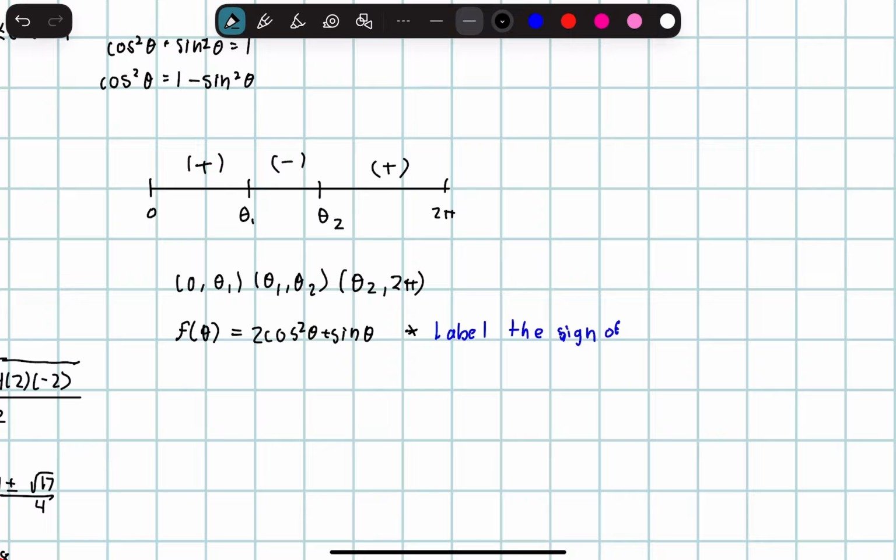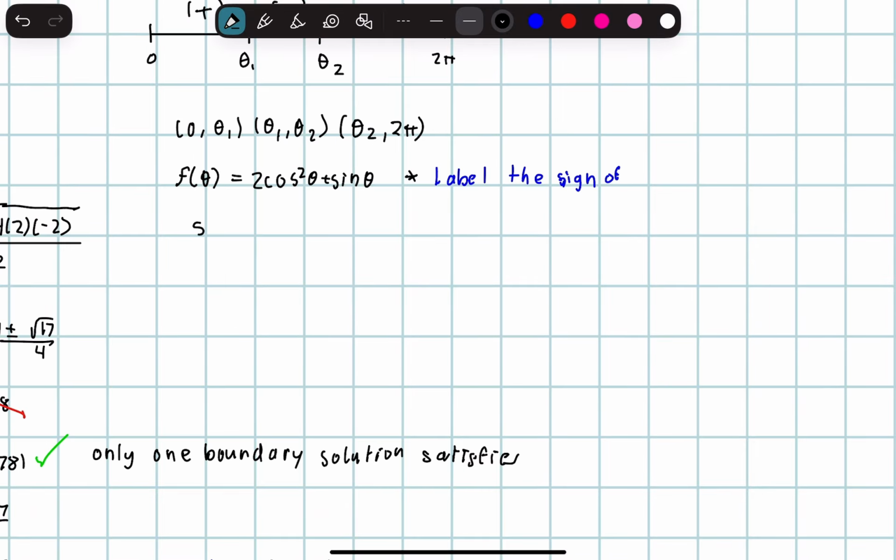And now we want the solution where f of theta is less than 0, so we want the negative solution, and it's also going to be exclusive.